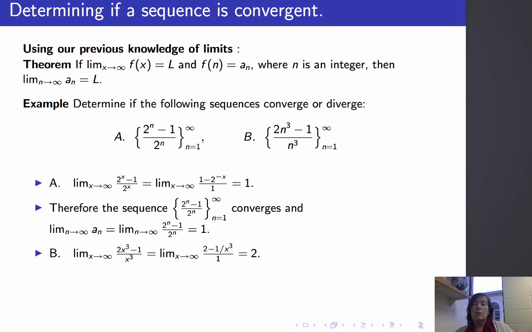We'll say the sequence diverges to plus or minus infinity. Well, let's replace the n by x in b, and I get the limit as x goes to infinity of (2 times x cubed minus 1) over x cubed, and that rational function I can divide by the highest power in the denominator to calculate the limit, and that limit is equal to 2. So our sequence on the right converges to 2.